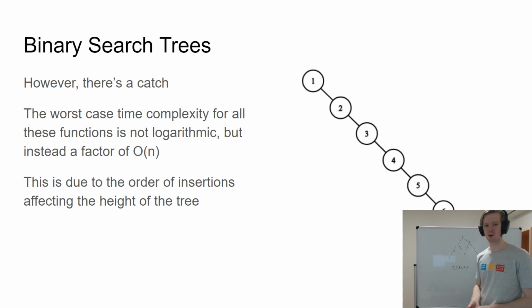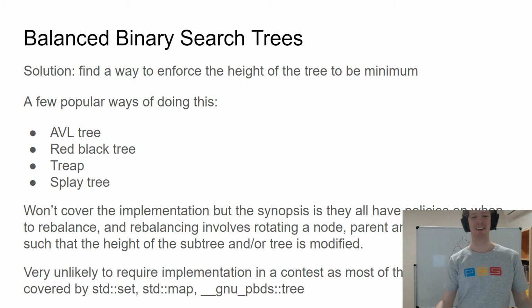We talked about before that the reason why insertions and searches or queries in general were logarithmic was because of the height of the tree, and now the height of the tree is linear, so it's no longer logarithmic. What's the solution to this? Well, how would we just make the tree shorter?